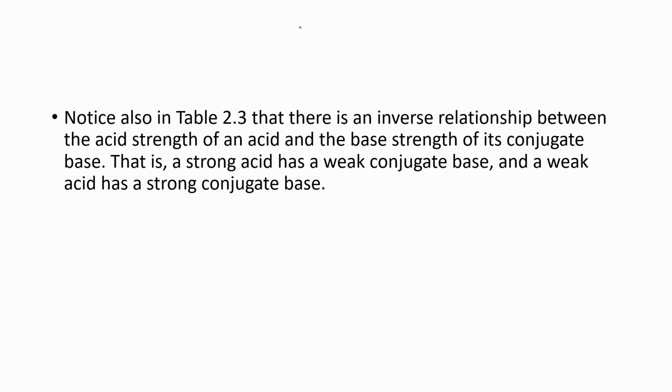Please take note in the table that there is an inverse relationship between the acid strength of an acid and the base strength of its conjugate base, meaning a strong acid has a weak conjugate base and a weak acid has a strong conjugate base.